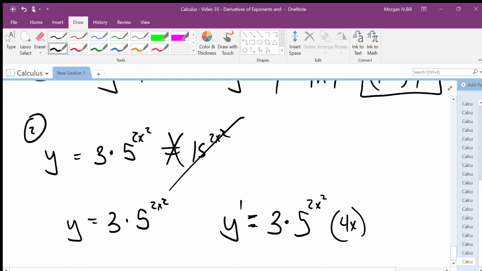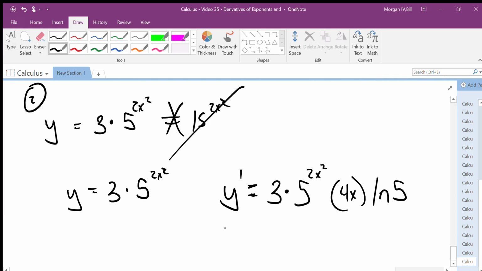But also, since the base 5 is not e, we have to multiply that by the natural log of 5. So what do we have here? We have 3 times the natural log of 5 times 4x. So maybe I'll multiply the 3 and the 4 together and call that 12, 12 times the natural log of 5 times 5 to the 2x squared.